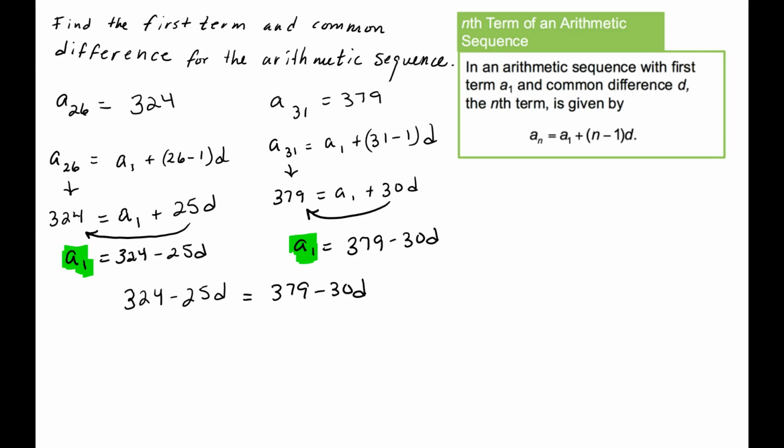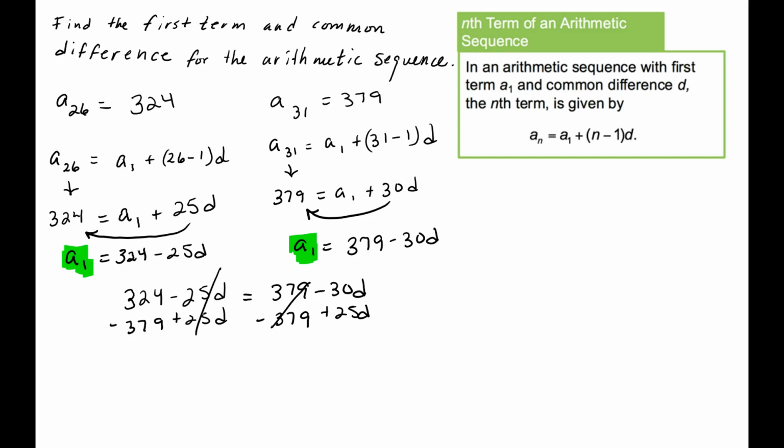Now, how you choose to approach this problem is really up to you. Let's just say I'm going to add 25D over here. That cancels that out, and I'm going to subtract 379 over here.